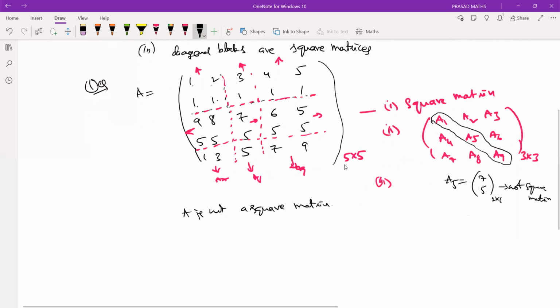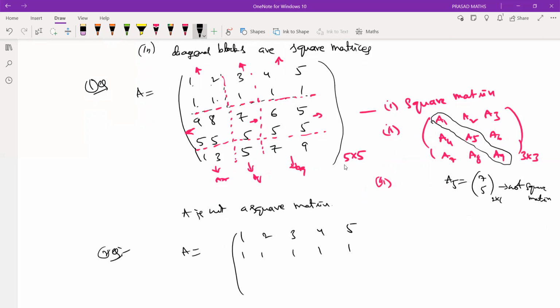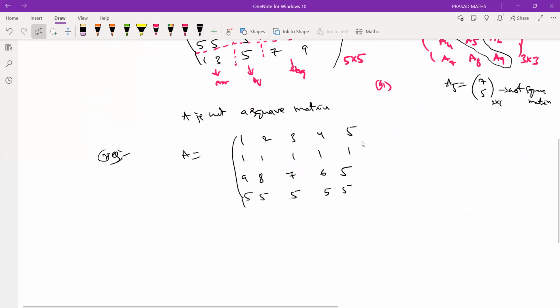Okay, so if I take another example, same example, but with a different partition. Suppose 1, 2, 3, 4, 5, 1, 1, 1, 1, 9, 8, 7, 6, 5, then 5, 5, 5, 5, 5, and 1, 3, 5, 7, 9.